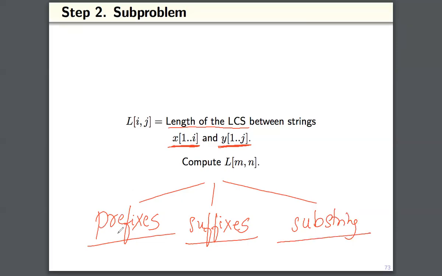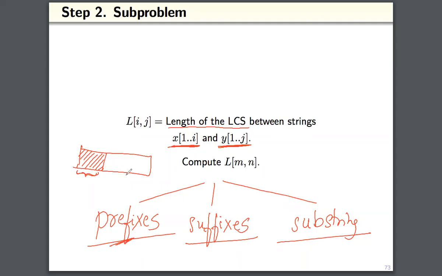Now think about it. What do you mean by a prefix? Given a string, the first part of the string, the front part of the string, and it should be contiguous. It is a substring that is at the front portion of the string. That can be the subproblem.